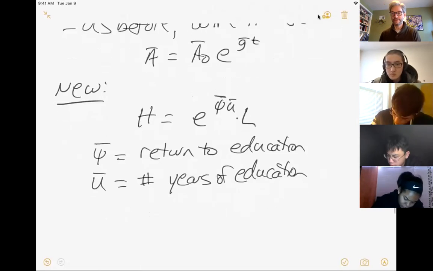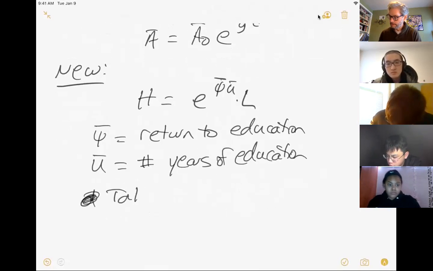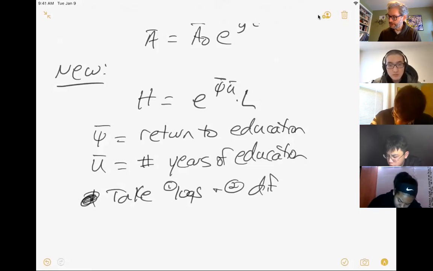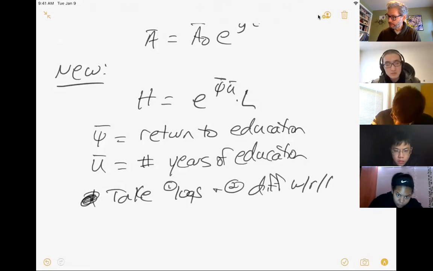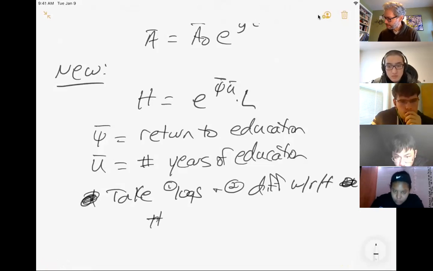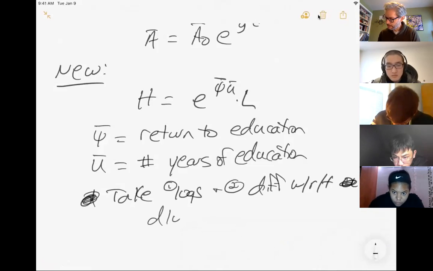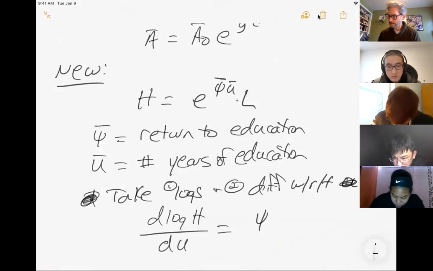Why do we take this to the exponential power? Well, think about this. If you take the logs and then differentiate with respect to U, what do you get? You get that the change in log H with respect to U is equal to psi.